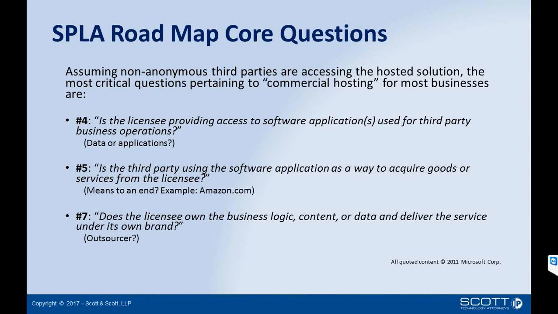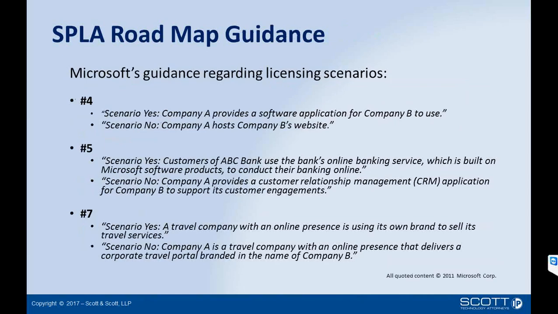So client A has an answer to question number 7, yes, and client B has an answer to question number 7 as no, and as a result, these two clients have significantly different licensing options when it comes to how to license that environment.